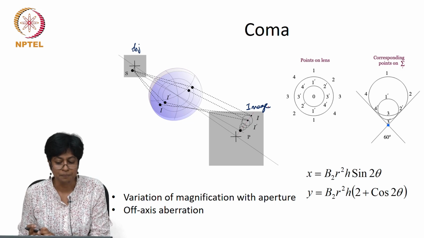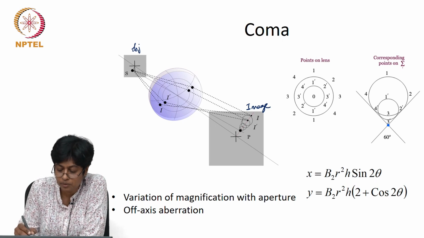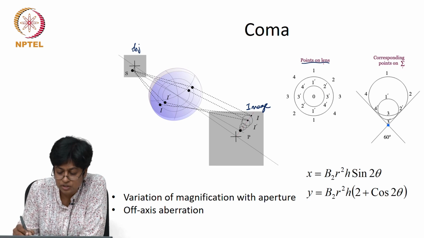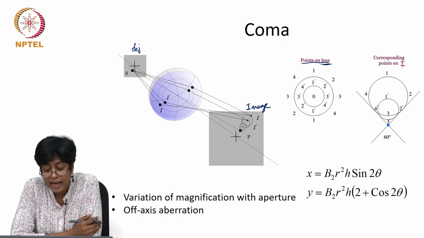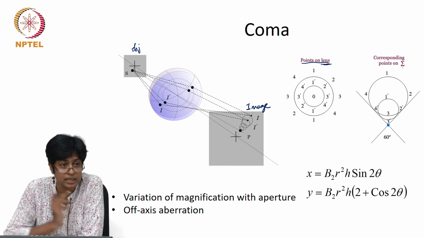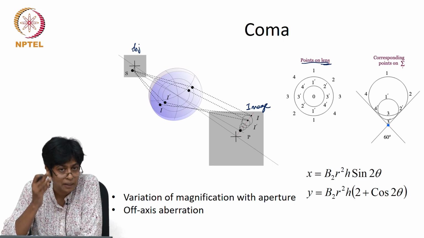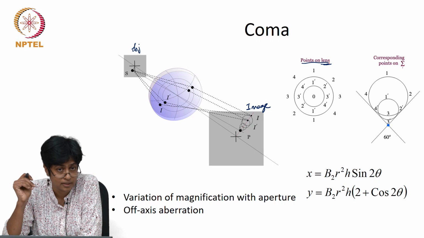And instead of all coming to the same image point, they are each forming a different set of images in the image plane. Now, what happens with coma, just to make it clearer, you can look at this figure. Assume this is your lens, the surface of your lens, and at these points marked 1 to 4 and 1 dash to 4 dash, these are rays that are hitting those points of the lens.